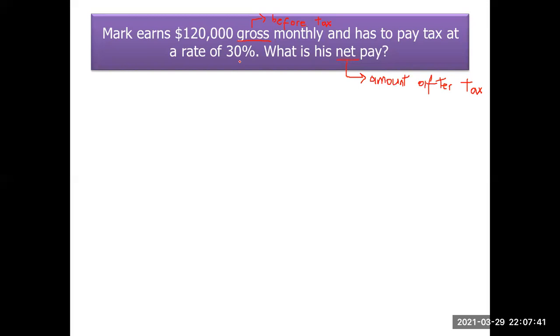So remember at the beginning of our video, we were saying that when we're working with percentages and you're given tax, tax can either increase or decrease an amount. So in this case, we're working with salary. And so you want to know what his pay is after tax is deducted. And when we say deducted, we mean taken away. After tax is taken out of the money. So we're going to do it as our previous example.